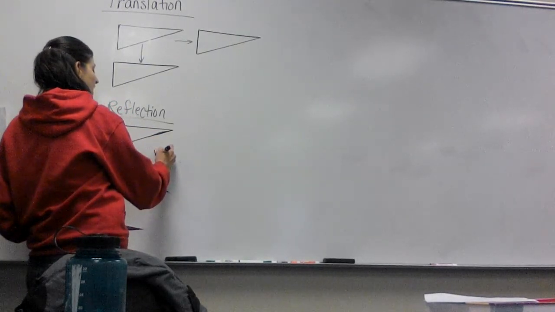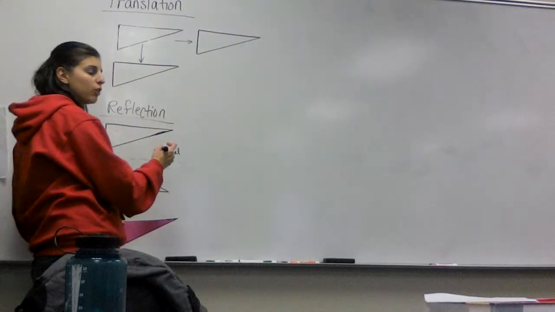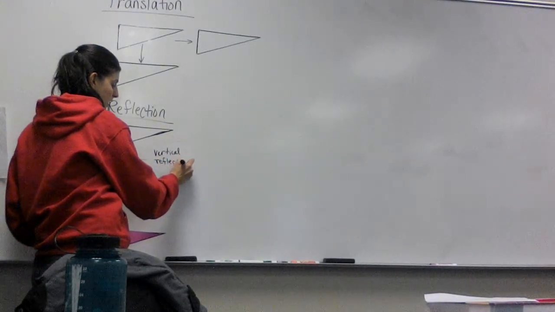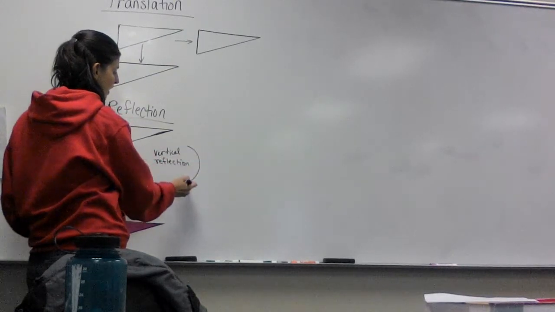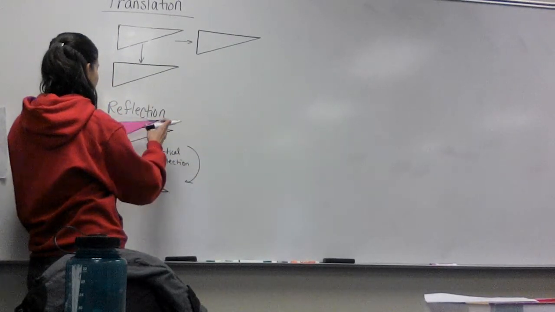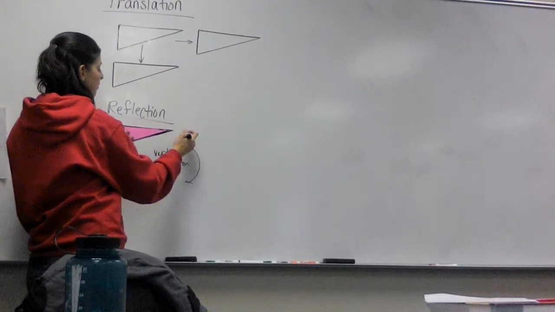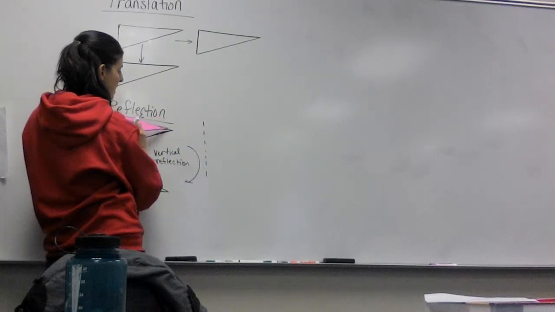This would be called a vertical flip or a vertical reflection. All right, so there you go. That would be like a vertical reflection. I can also reflect the thing over a line like this, so it would be like a horizontal reflection.